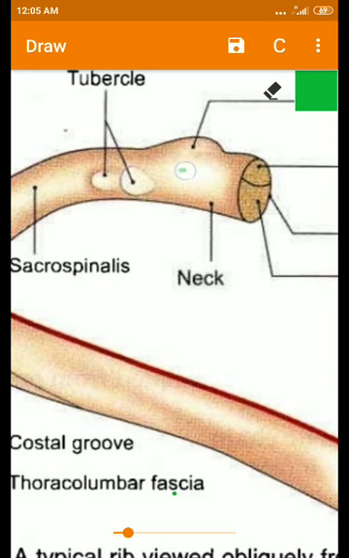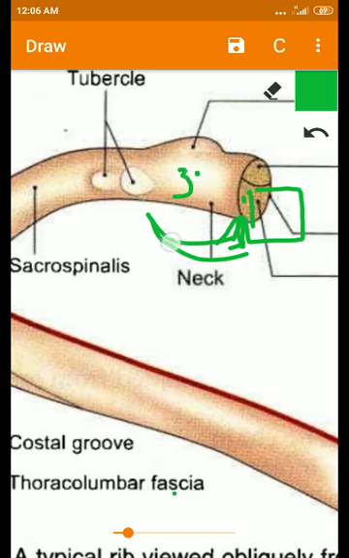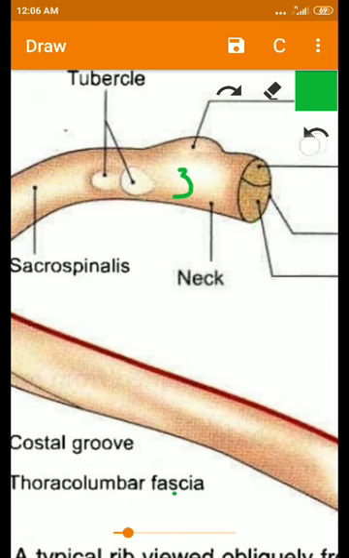For example, this one is the third, so here you have the third vertebra, with its pedicle and then the transverse process. In front of the transverse process, the neck is present. It possesses two surfaces, anterior and posterior, and two borders.